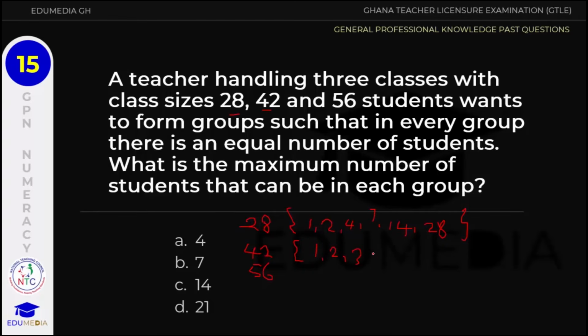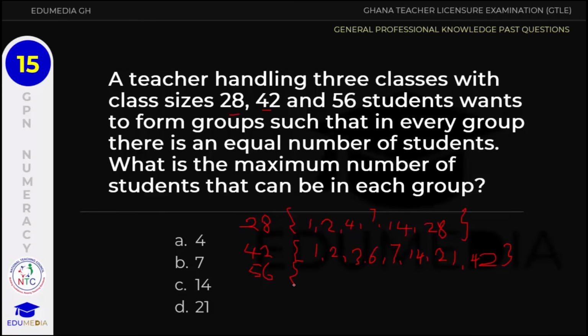We can also get 3, we can also get 6, 7 is there, and then 14. And for 42, now we need 21. 21 itself, and then we have 42, because 21 times 2 gives you 42, and we have 42 itself.